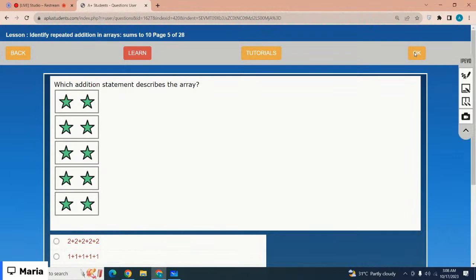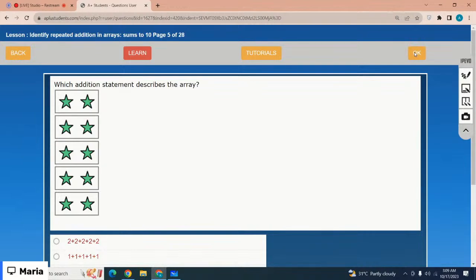Which addition statement describes the array? Which is the correct option? You can see you have one, two, three, four, 5 rows, and in each row you have two stars.